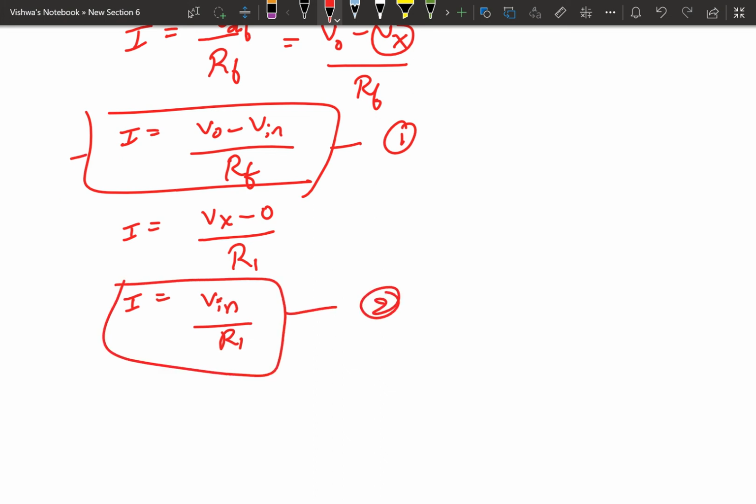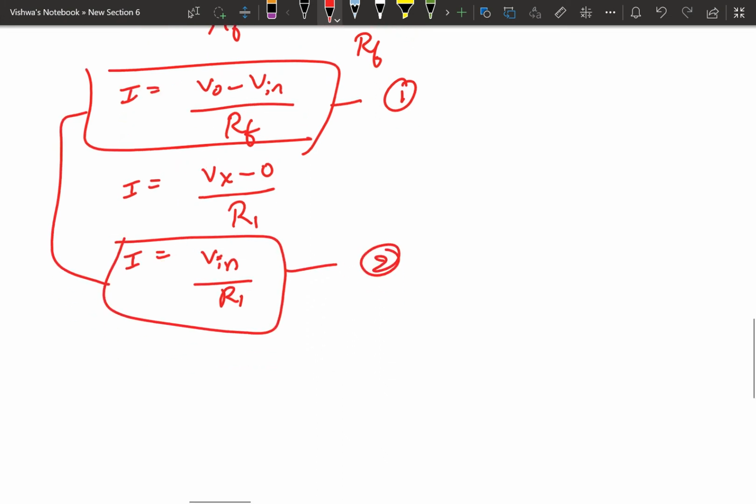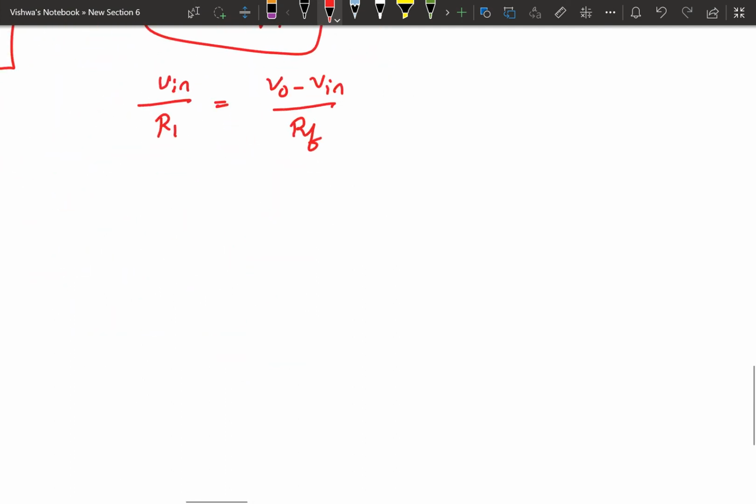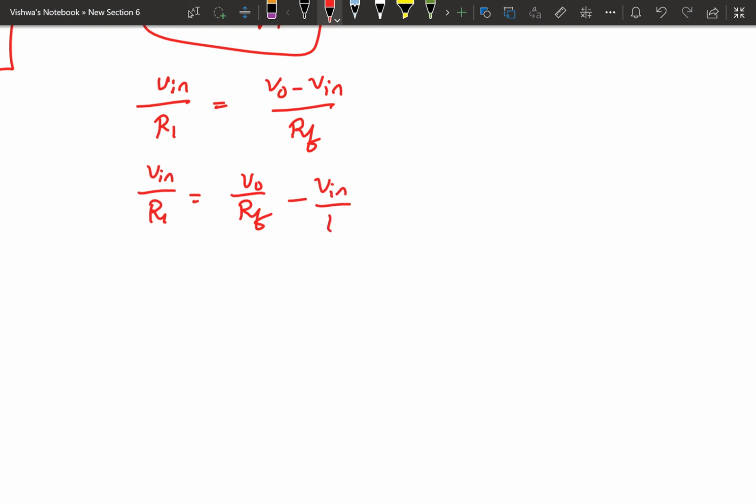Now equation 1 and equation 2 are both for the current, so equate these two. V in divided by R1 is equal to (V out minus V in) divided by RF. Now solve: V in by R1 is equal to V out by RF minus V in by RF.